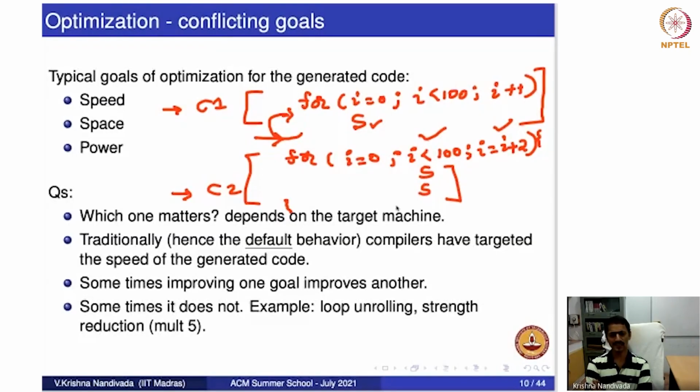See, there are three things that have changed. I'm comparing fewer number of times. I'm incrementing fewer number of times. I'm jumping; I have fewer number of branches. So how is the complexity of S impacting the work done by C2 or C1?